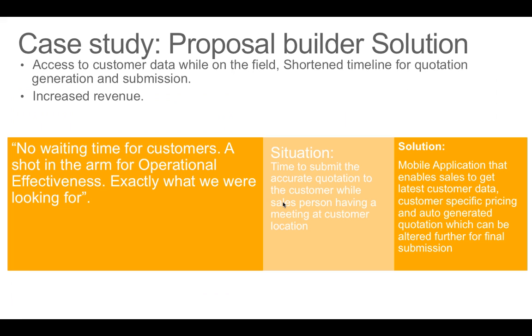Another example of how customers are looking at adopting hybrid solutions, or in some cases a mix of cloud and on premise, is companies where they have a field sales force, whether in the form of their own employees or in the form of franchisee networks.